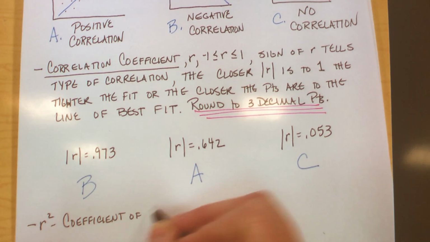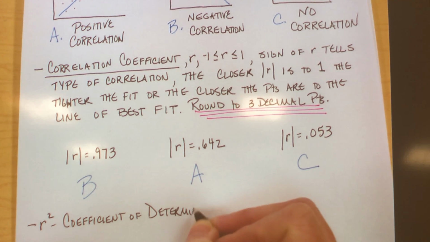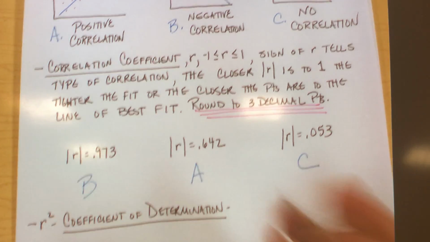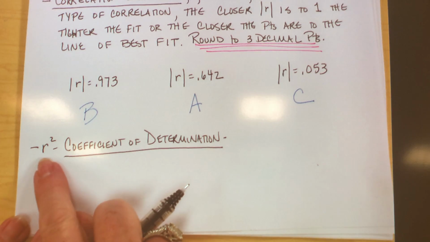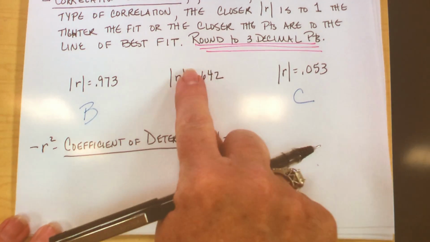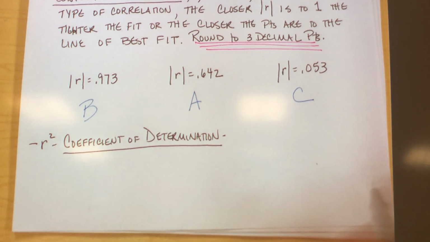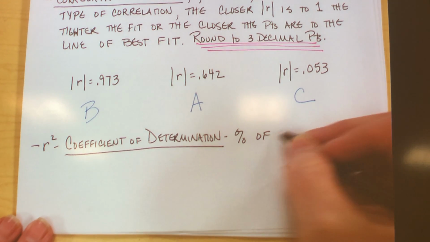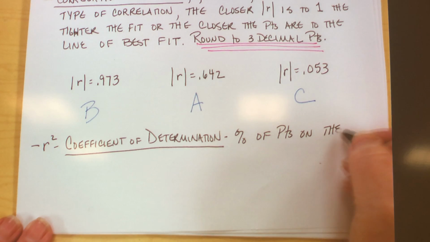It is actually this R up here, squared. That's why they call it R squared. And it kind of ends up being like the percent of points on the line of best fit.